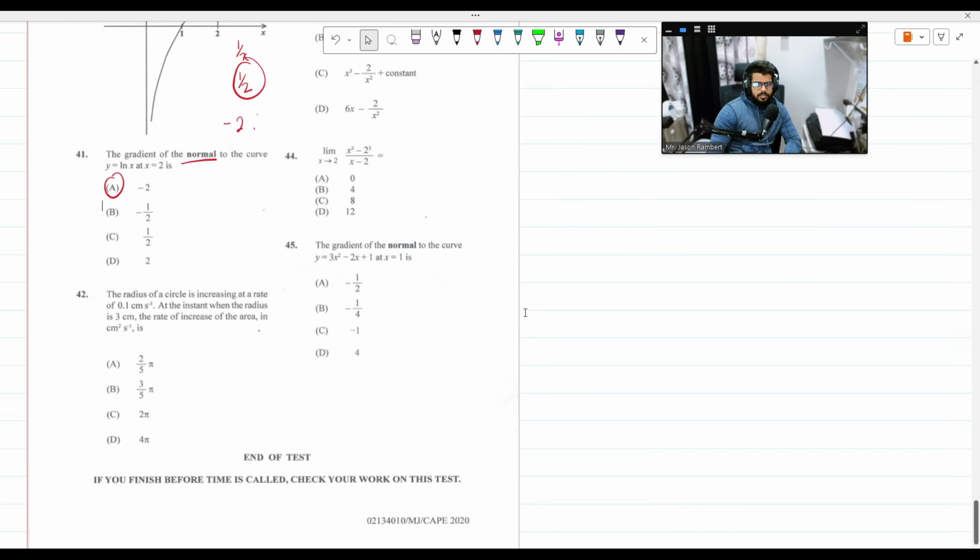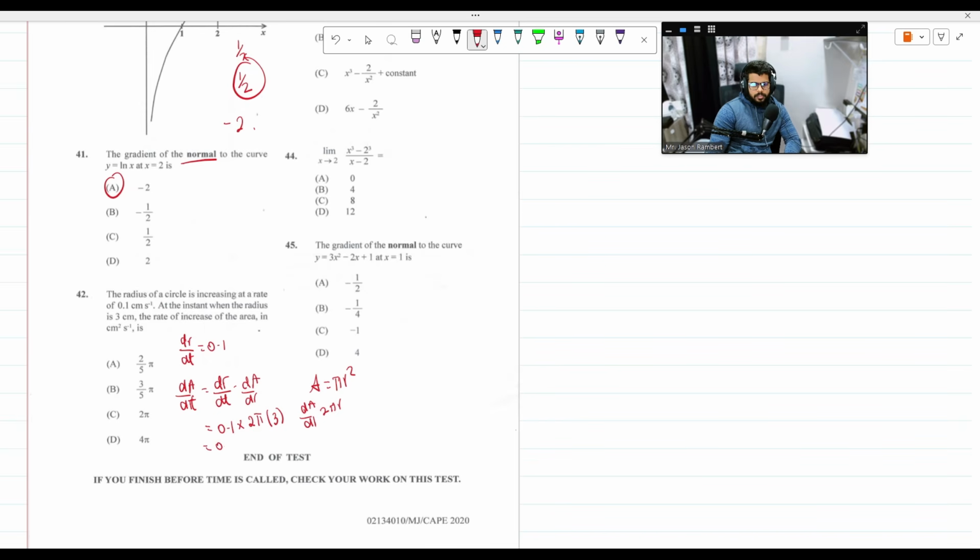The radius of a circle is increasing at a rate of 0.1. When the radius is 3, the rate of increase of the area, dA dt, is dr dt by dA dr. If A is equal to pi r squared, 2 pi r is dA dr. So dr dt by 2 pi r, and the radius is 3.